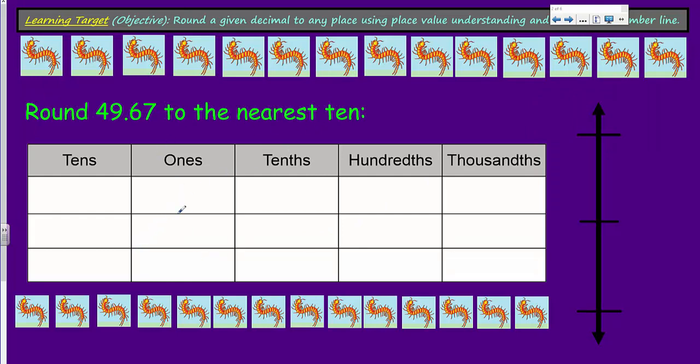So the way we were doing before, the first thing that we did, if you recall, is we put in our decimal point. It's very important in math. Decimals are really new for this year to the extent of how we're learning them.